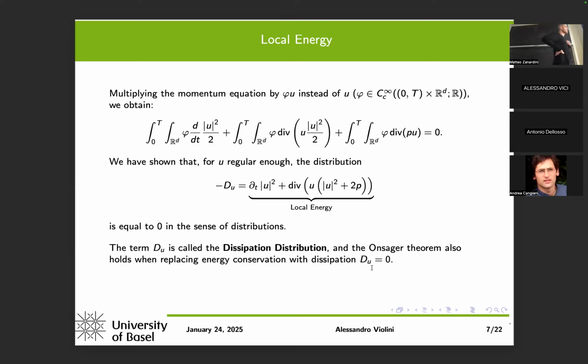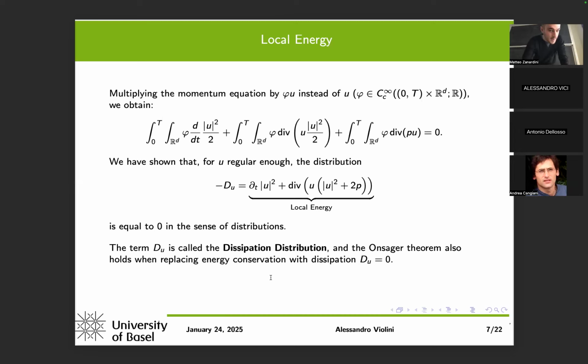It is that if you prove that the dissipation is zero, it is something better than just proving that the global energy is conserved, because you are proving that locally the energy is conserved, not just globally. And that's why this is slightly better. It's more complicated to work with this concept of energy, but it has its reason, I would say.